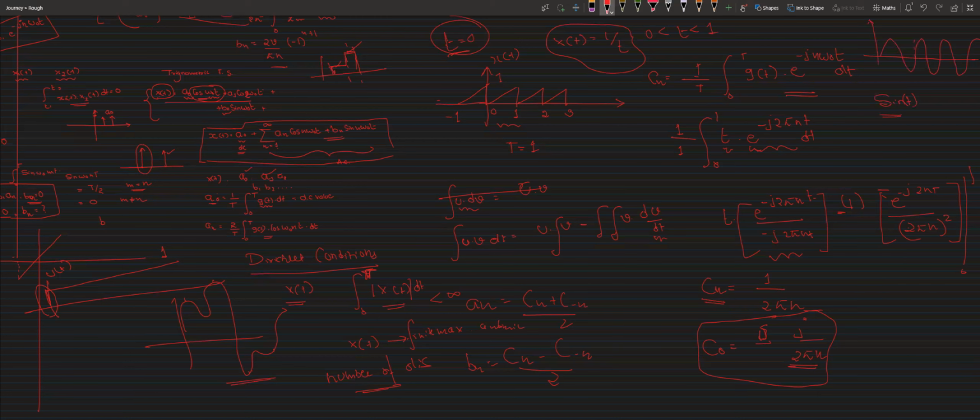Over the entire time, it doesn't have finite maxima and minima, it keeps on happening. So it is not absolutely integrable, and that's where the condition doesn't get satisfied. Yeah. So next is Fourier series properties.